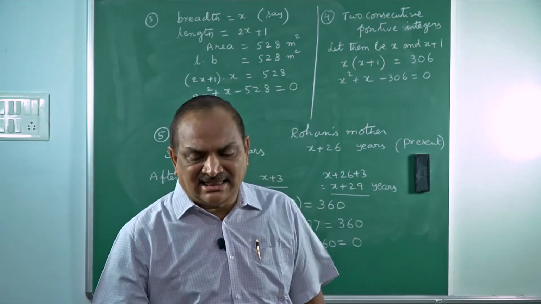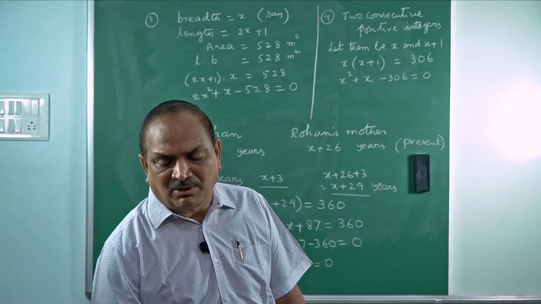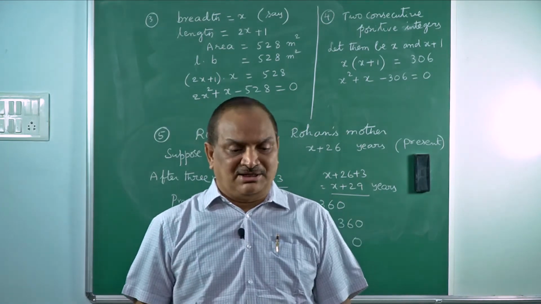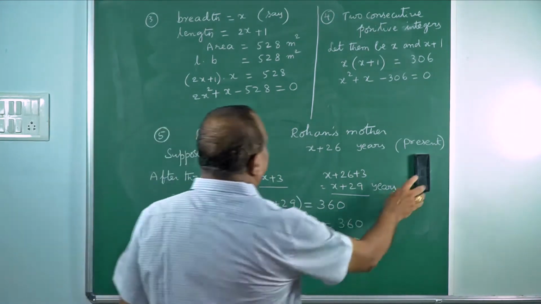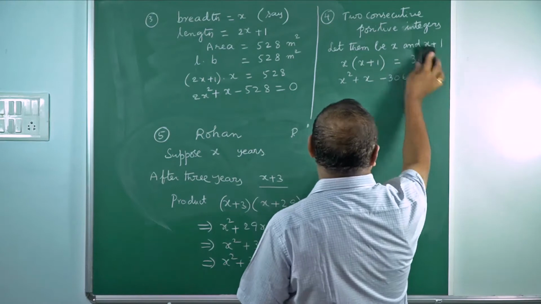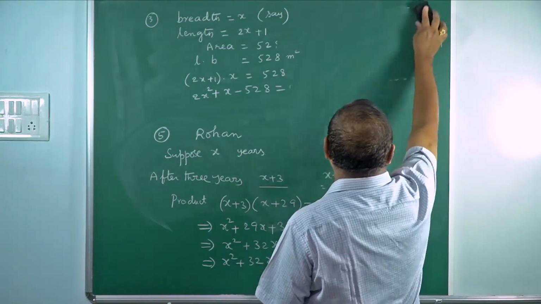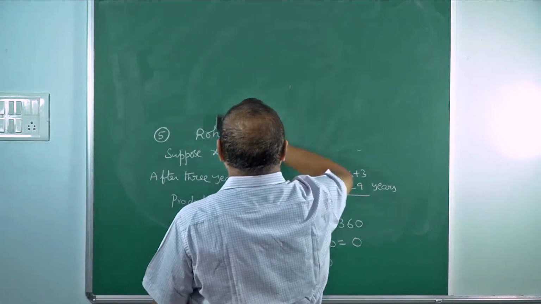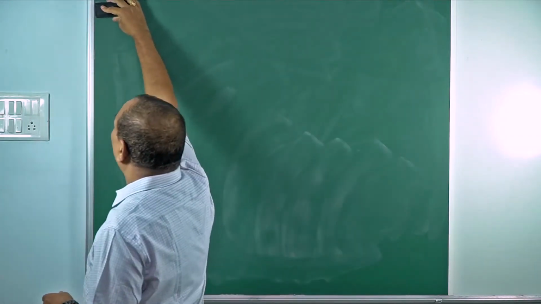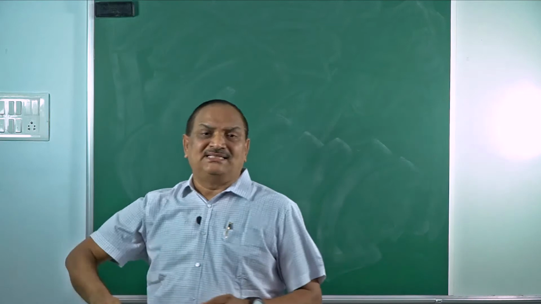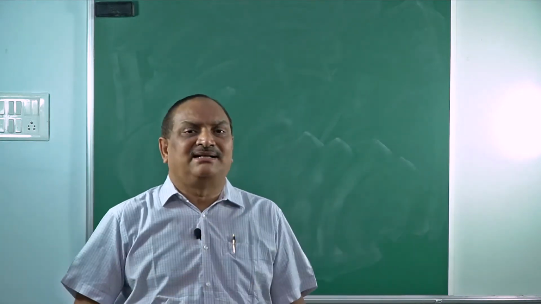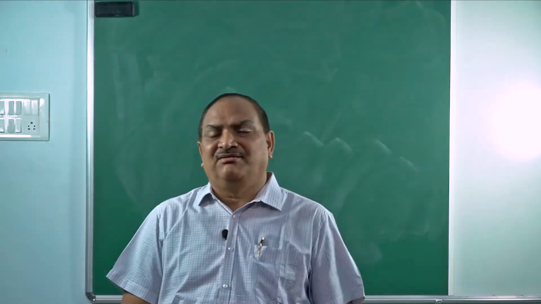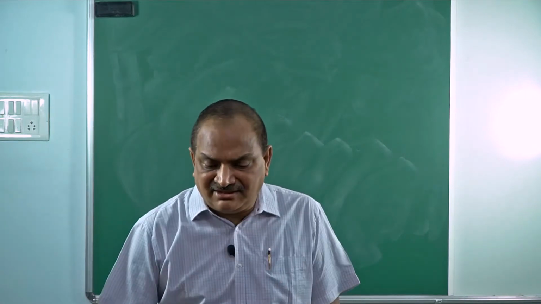So let us understand that and try to solve the problems of 4.2. I just take off this. This is 4.1 and I do a few problems from 4.2. Generally when you have to factorize, we split the middle term of the polynomial, whatever you have on the left side of the equation.